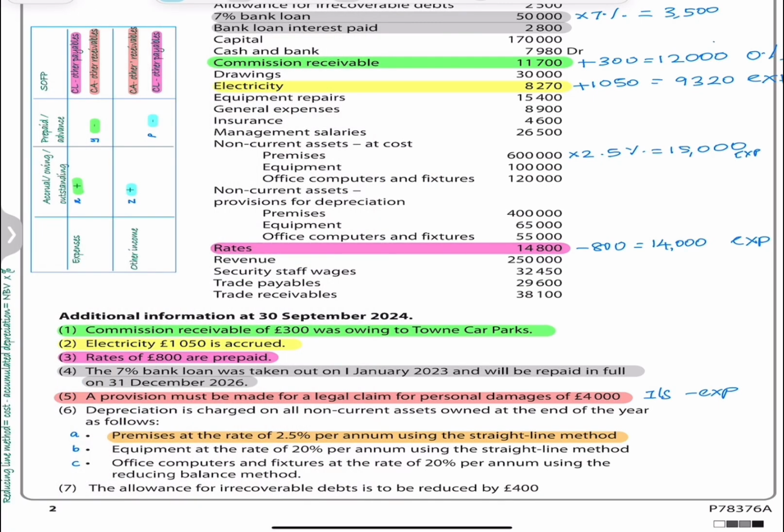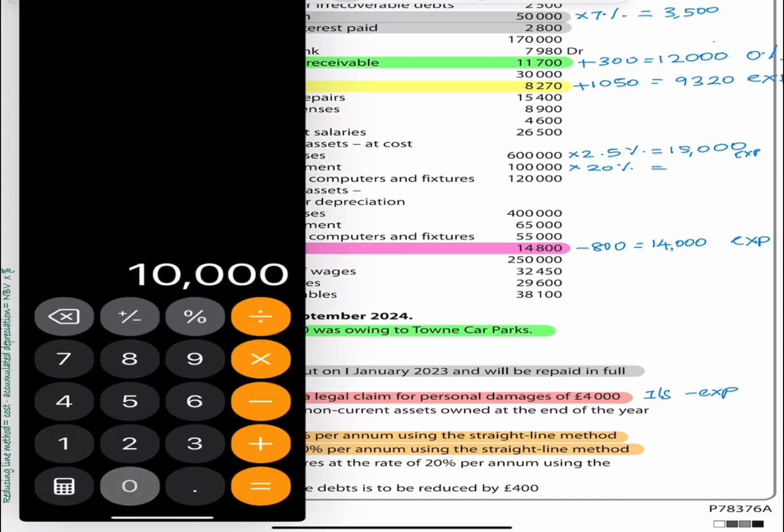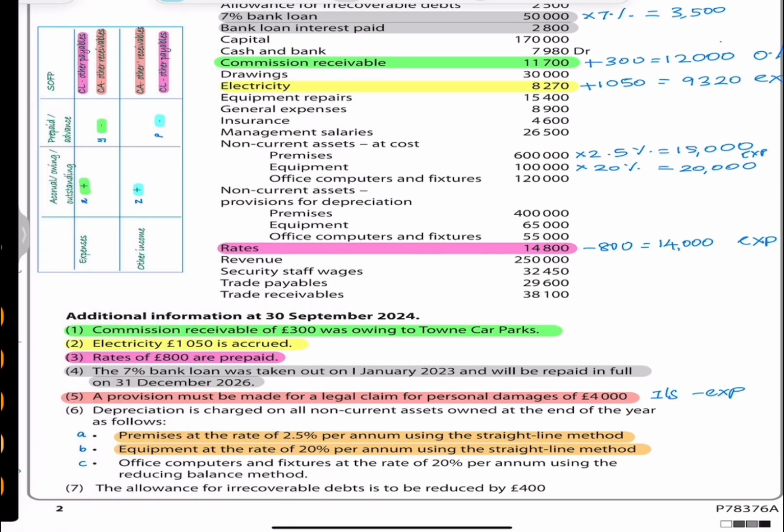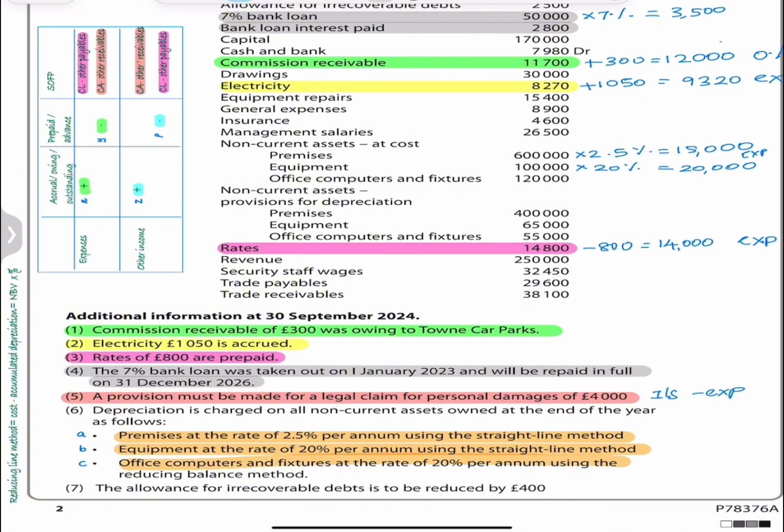And then you have equipment, 20% using the straight line method. So for equipment, let's calculate 20% of the cost. That is 100,000 into 20 over 100, which should give 20,000. Next one, computers and equipment, 20% using the reducing balance method.